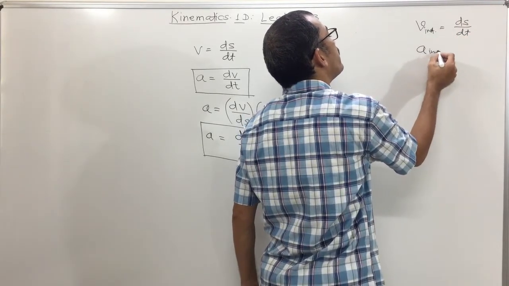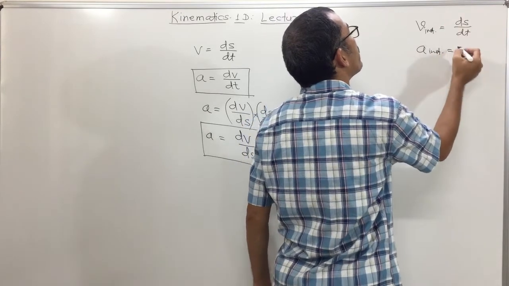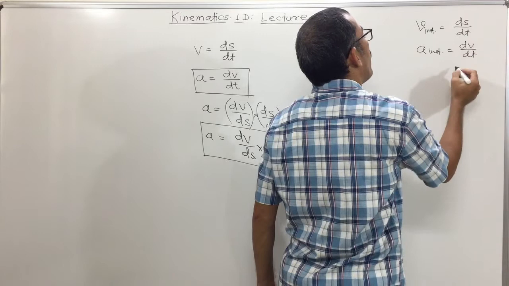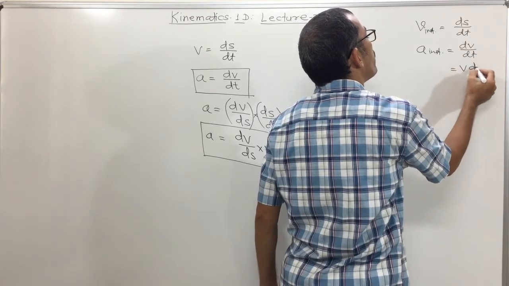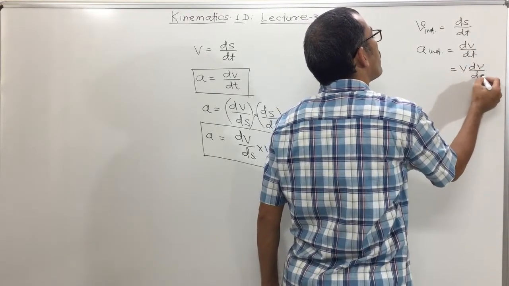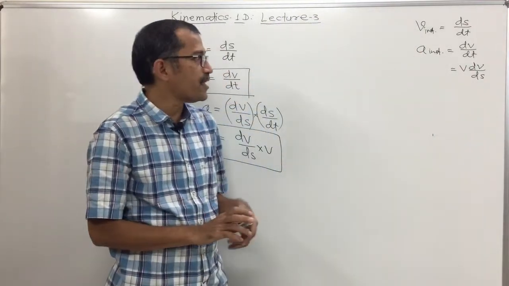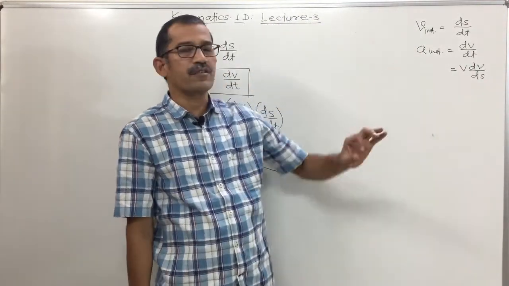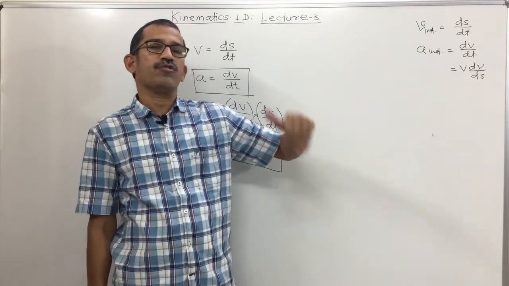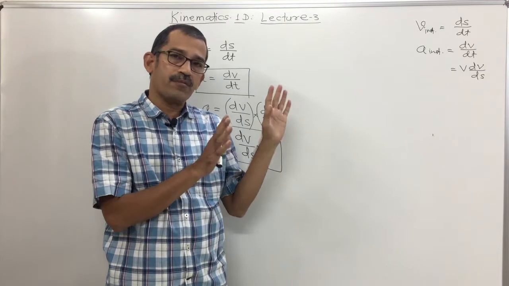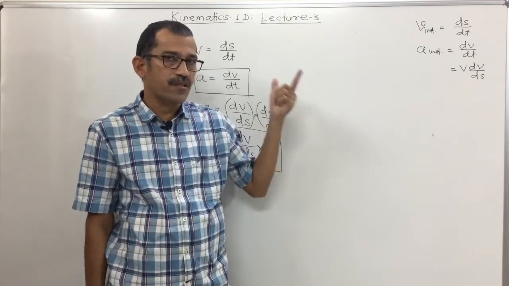Acceleration A, instantaneous, is dV upon dt, or also V into dV by ds. Is this clear? Using only these relations, you will get the solution of a number of problems from JEE, NCERT as well as CBSE.